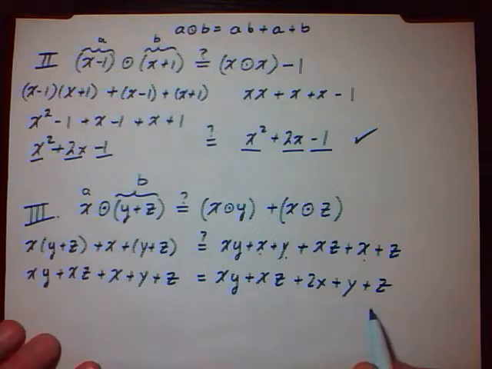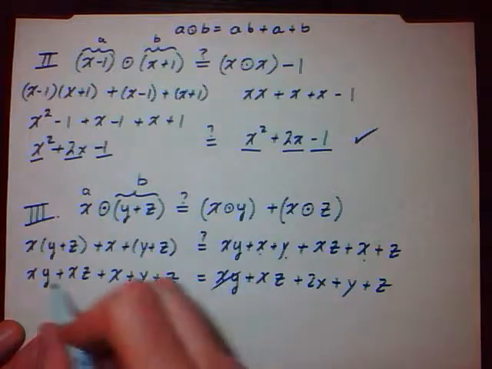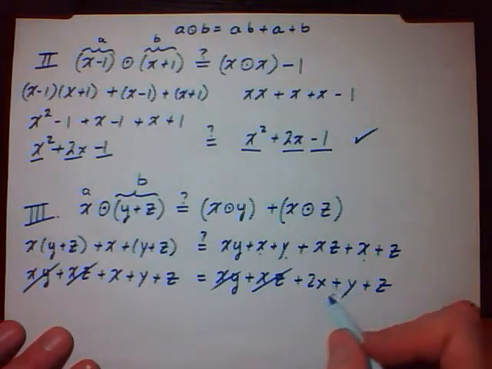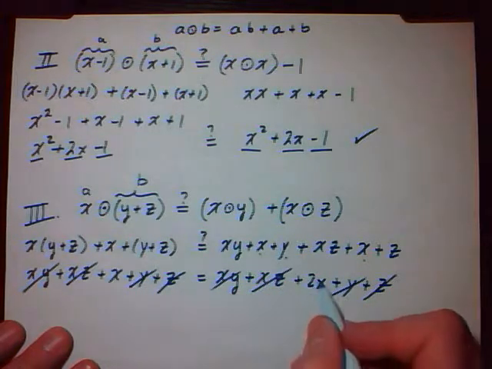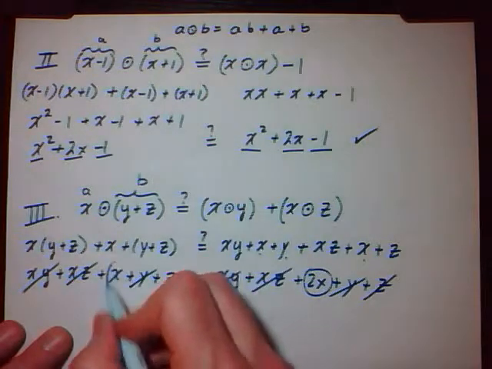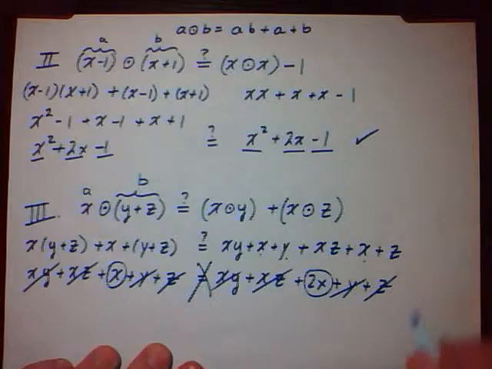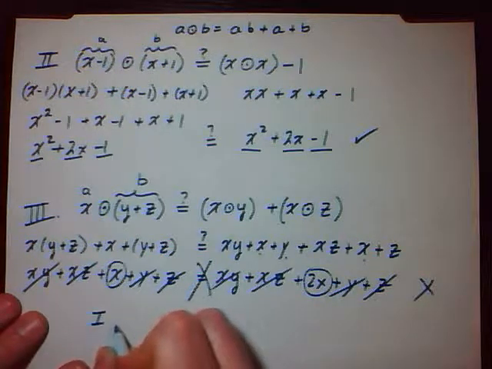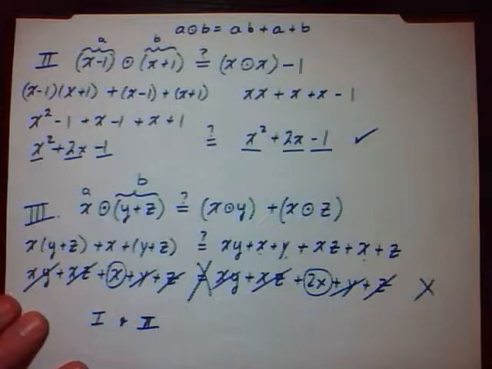Now comparing these, I can see that, yes, I do have xy, I do have an xz on both sides, a y on both sides, a z on both sides, but here I have 2x, and on the left I only have 1x. So these do not equal each other. So for this question, only Roman numeral 1 and Roman numeral 2 are true.